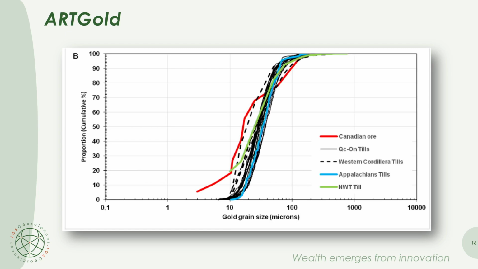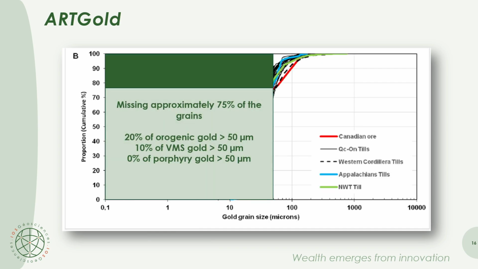Below that, some people say we can go down to 20 micrometers. I really doubt that because it's way too fine. But if you cut at 50 micrometers, you lose about 70% of the gold, because naturally the gold is not coarser. Only 25% of natural gold is coarser than 50 microns. So you lose all of that.